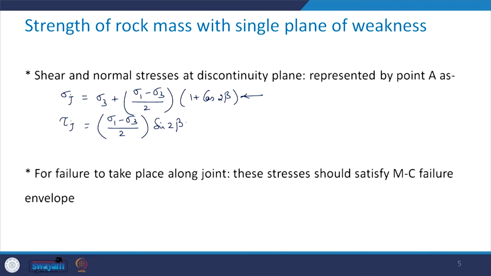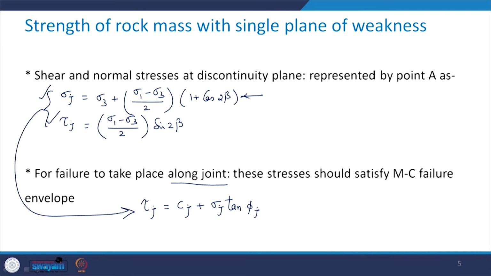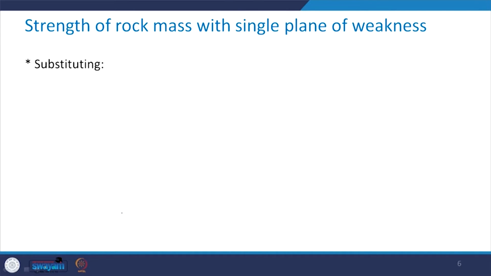For failure to take place along the joint, these two stresses should satisfy the Mohr-Coulomb failure envelope, which is given as tau j equal to Cj plus sigma j tan of phi j. We just saw it in the previous slide. Now, I will substitute these two values in this expression and see how it looks.